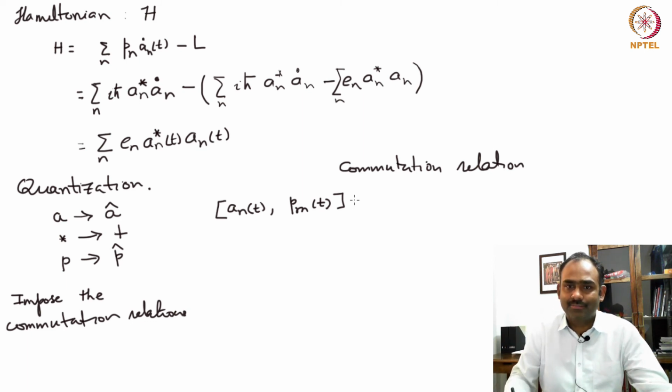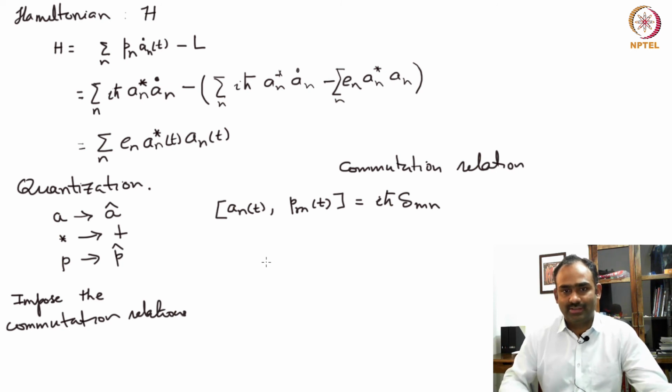So I get iħ delta mn. That's the prescription of making quantum theory. This delta mn is coming from the Poisson bracket.